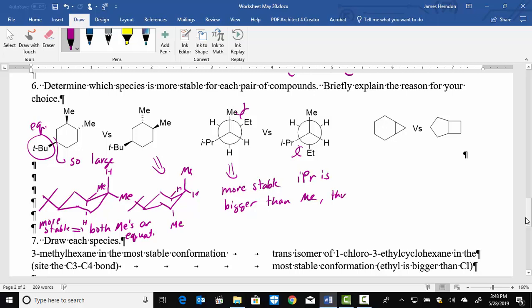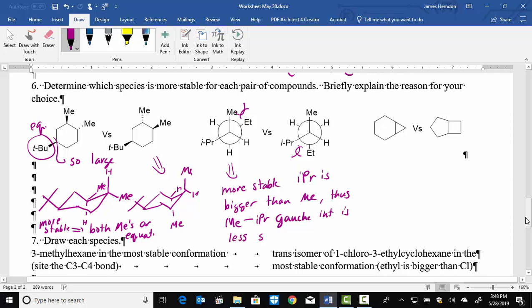Thus the methyl isopropyl Gauche interaction is less severe than the methyl ethyl Gauche interaction, which is less severe than the ethyl isopropyl interaction. Okay, and isopropyl is larger than both methyl or ethyl.